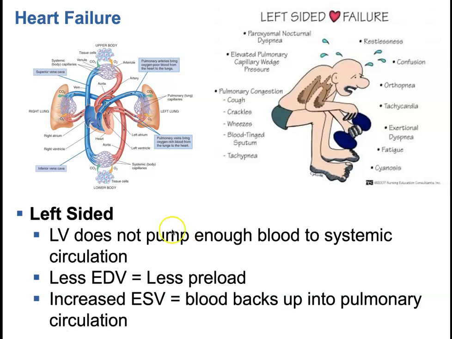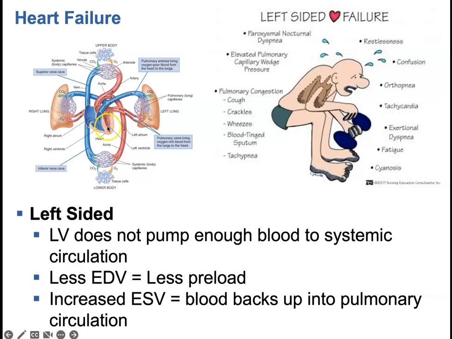On the left side, now if you have left-sided heart failure, now the left ventricle is weak, which means now it can't pump as much blood out into the periphery. And so now that also will end up impacting what happens when the blood returns back to the heart if you're not pumping out as much blood. So that would then end up causing less end diastolic volume, right? And then what also happens is if this isn't emptying properly, now what we have is an increase in ESV with a weak heart.